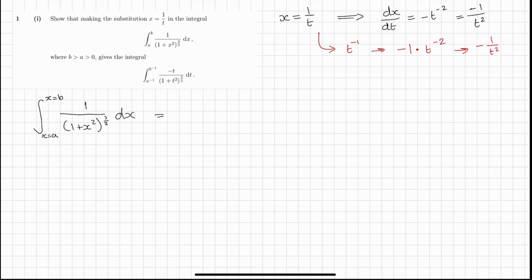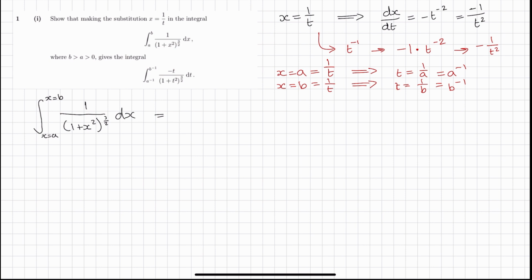Our limits: when x equals a, that equals 1 over t, which implies that t equals 1 over a, or a to the negative 1. And then because these are just dummy variables, we have the exact same for the upper limit.